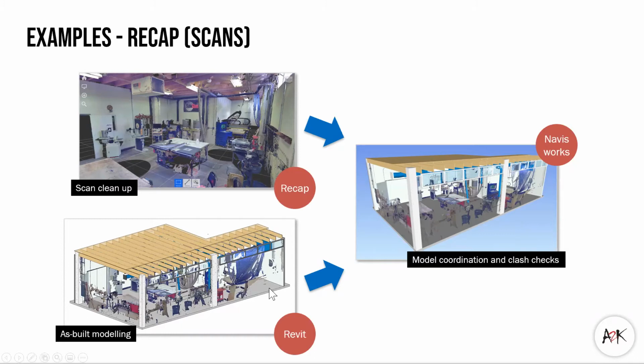So the question becomes, how do we use ReCap to differentiate the point or scan data so that we can break it down to separate the equipment out from the building? And when we do separate it out and we want to start doing some model coordination, maybe doing some clash management tasks, how do we subsequently utilize this information in other tools such as Navisworks?